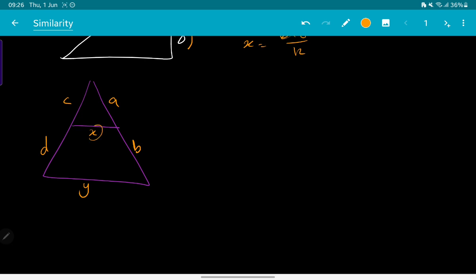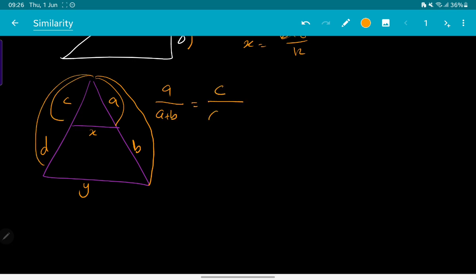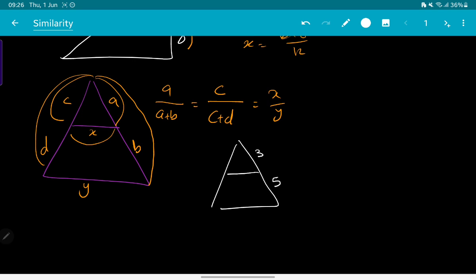If the question involves either of the two bases, we don't take a over b; we take a over the big side, a plus b, and c over c plus d, and x over y. Don't think it's too hard, it's very easy. For example, 3 over 5, and this is x over 12.